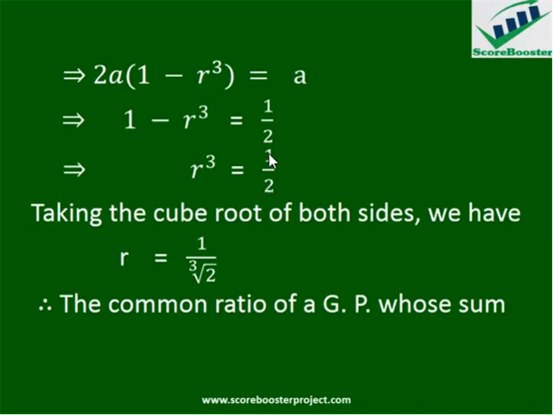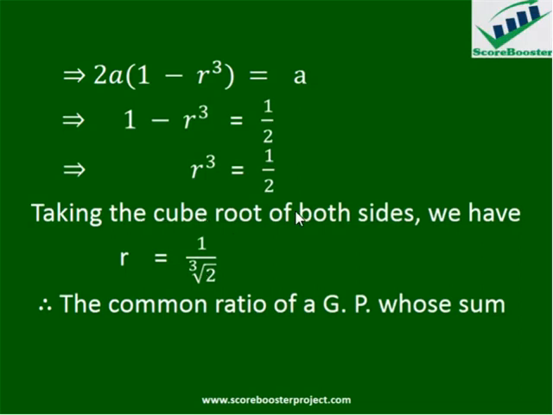I know the cube root of 1 is 1, because if you multiply 1 thrice, you still have 1. If you have the cube root of 1 over 2, you can split it as cube root of 1 over cube root of 2. So the cube root of 1 is 1, over the cube root of 2.